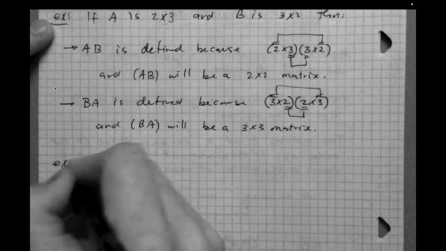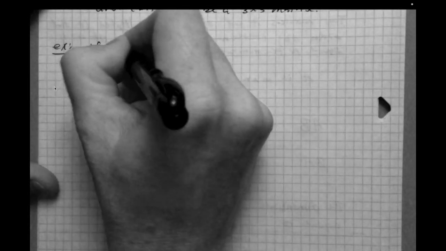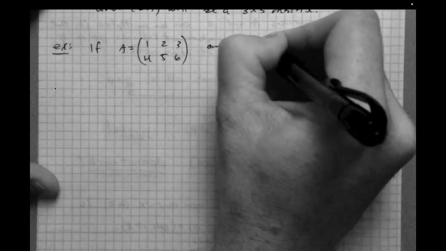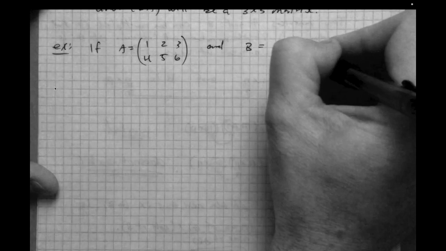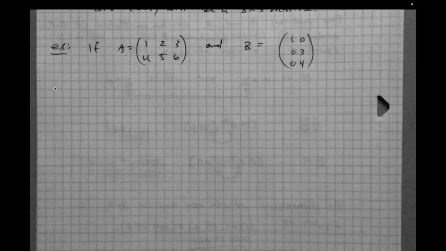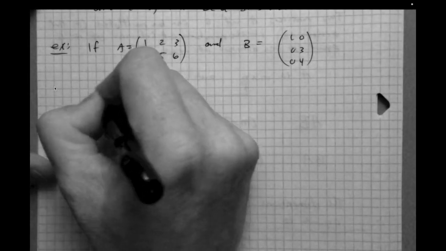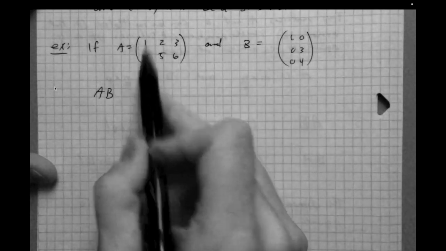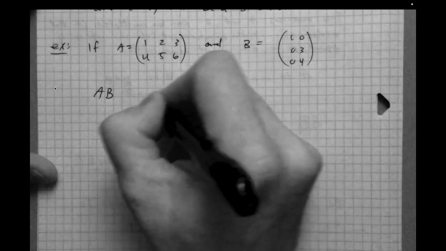What about if A is equal to 1, 2, 3, 4, 5, 6, like this, and B is equal to 1, 0, 0, 3, 0, 4, like that. Can we multiply these together? Can we find the product AB? Well, A is a 2 by 3.